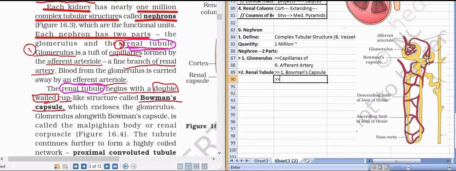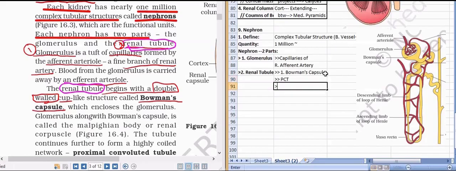This is the Bowman capsule. Next, first, proximal means front. Proximal tube, convoluted tube. Next it is called Henle's loop. See, it's Henle's loop. The descending loop is on one side, the ascending loop on the other. Second is Henle's loop. Third and last, this one is the DCT.